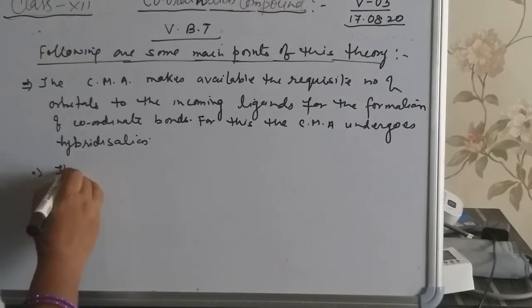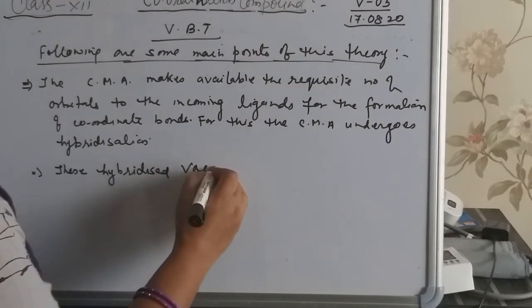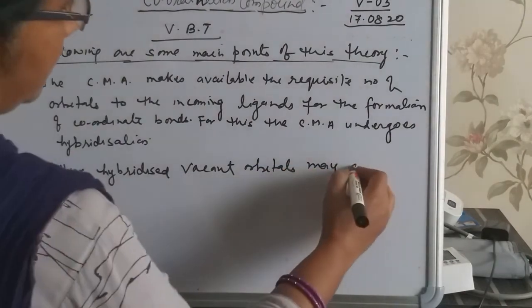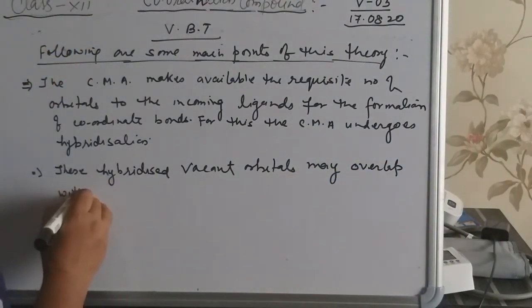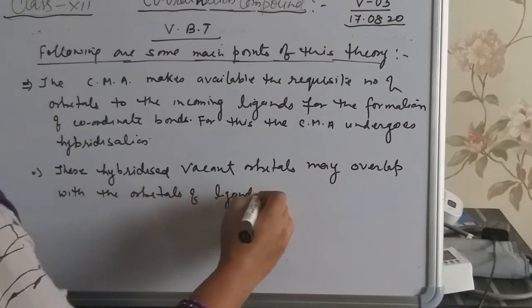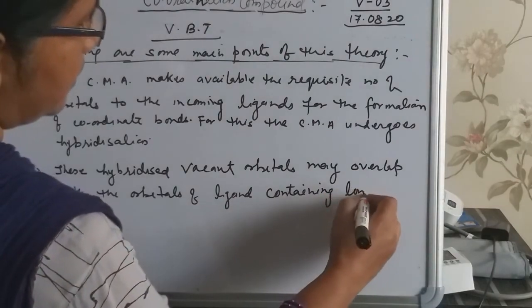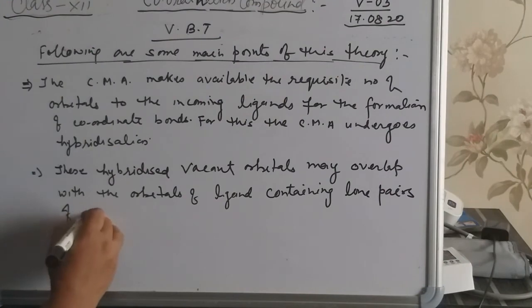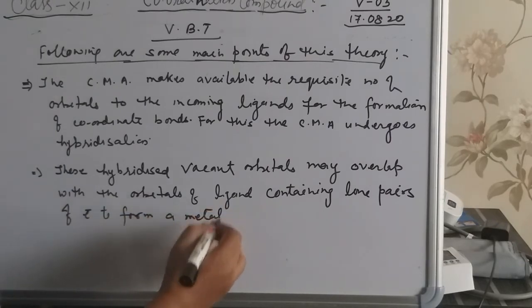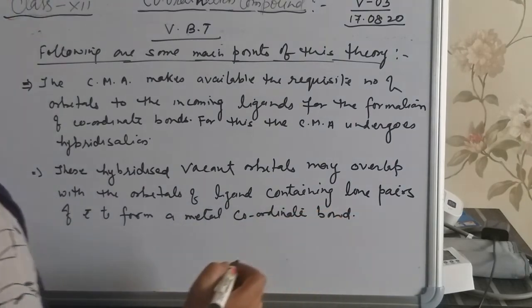And the next point, these hybridized vacant orbitals may overlap with the orbitals of ligands containing lone pairs of electrons to form metal-ligand coordinate bonds.